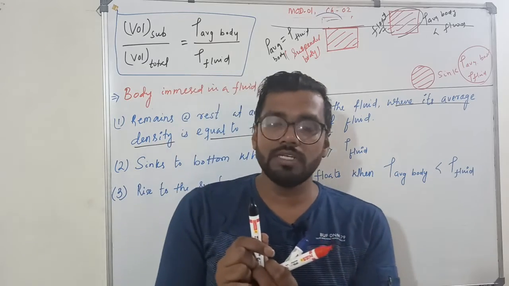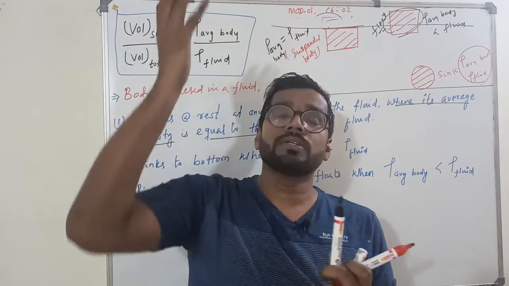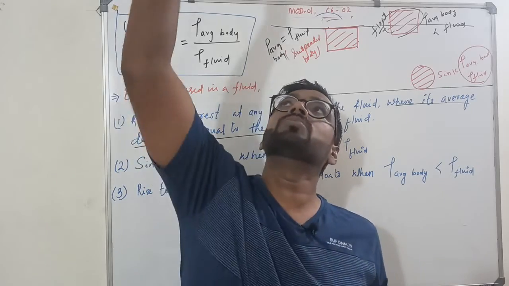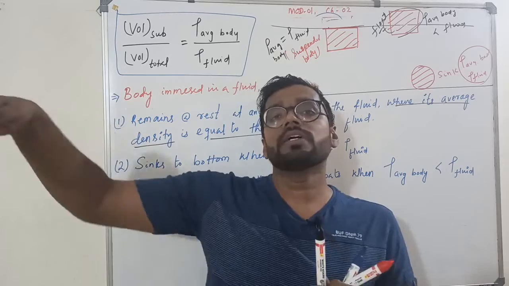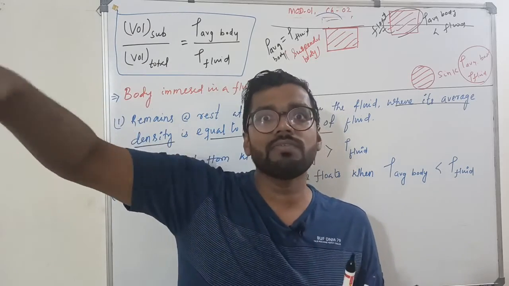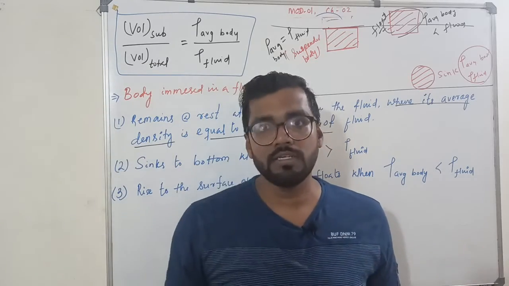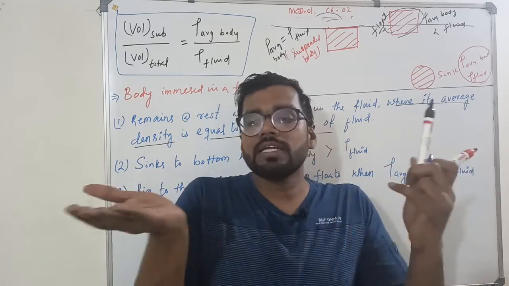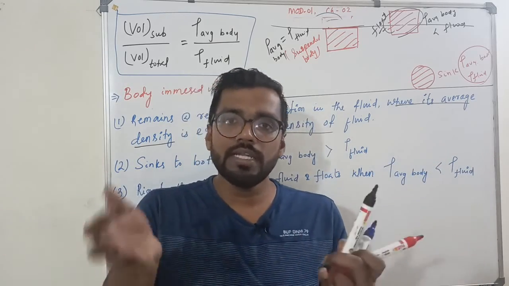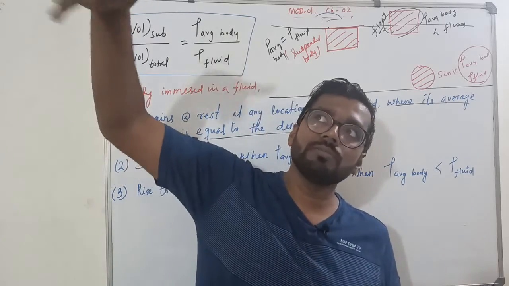That's a helium balloon, isn't it? As we move up, the density of the air decreases. There will be a point where the average density of the surrounding fluid, air being a fluid, is nearly equal to that of the helium. Up to that point, it will keep on floating.